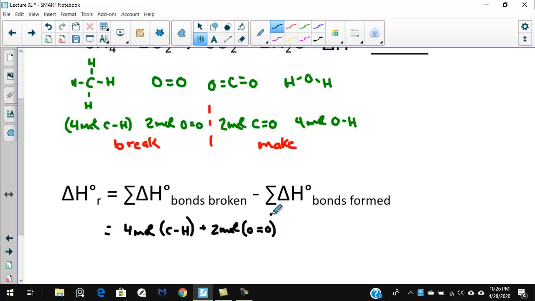So that's the first thing that we have to do, is figure out how much energy it takes to break those apart. And then once we have those broken apart, let's take a look at what we've got to make.